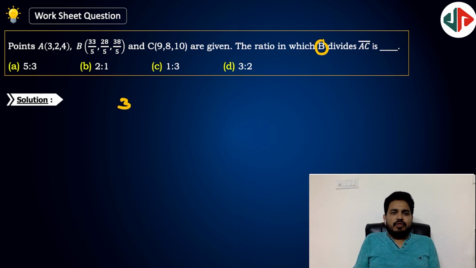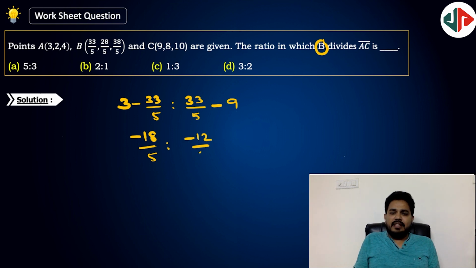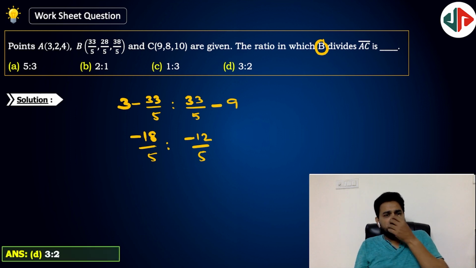So 3 minus 33 by 5 is to 33 by 5 minus 9. 15. So this is minus 18 by 5 is to 33 minus, so 12 by 5. Answer is 3 is to 2.